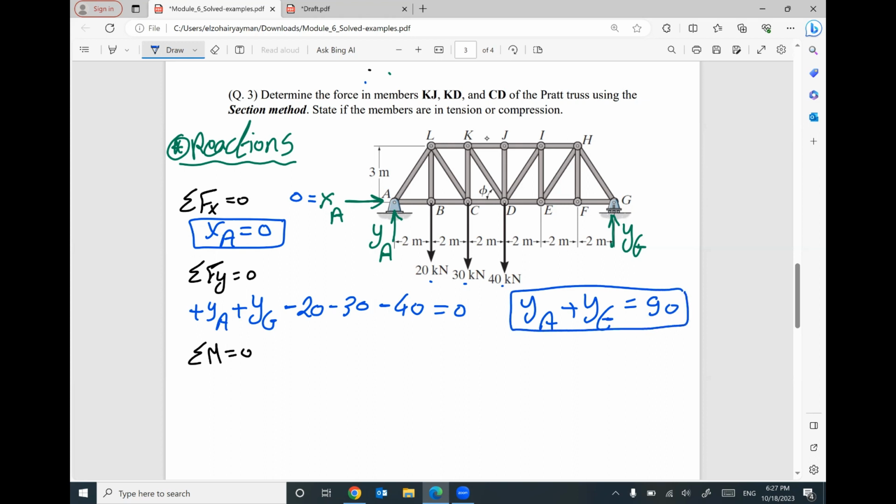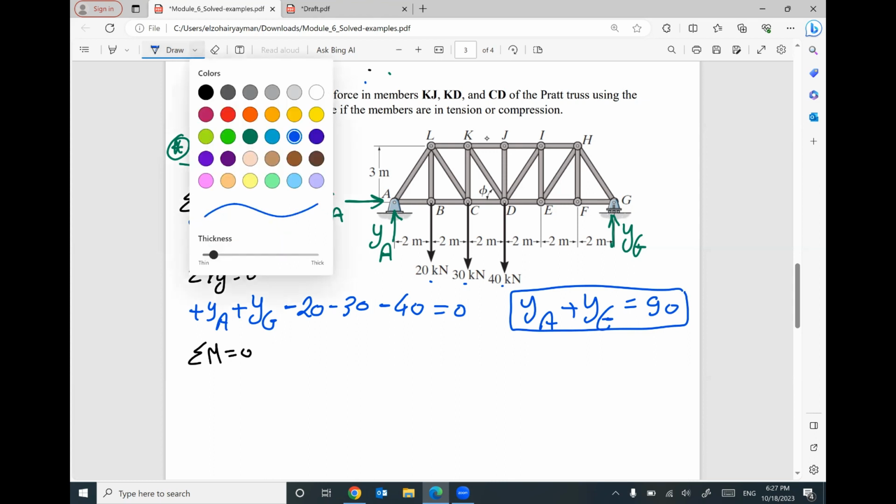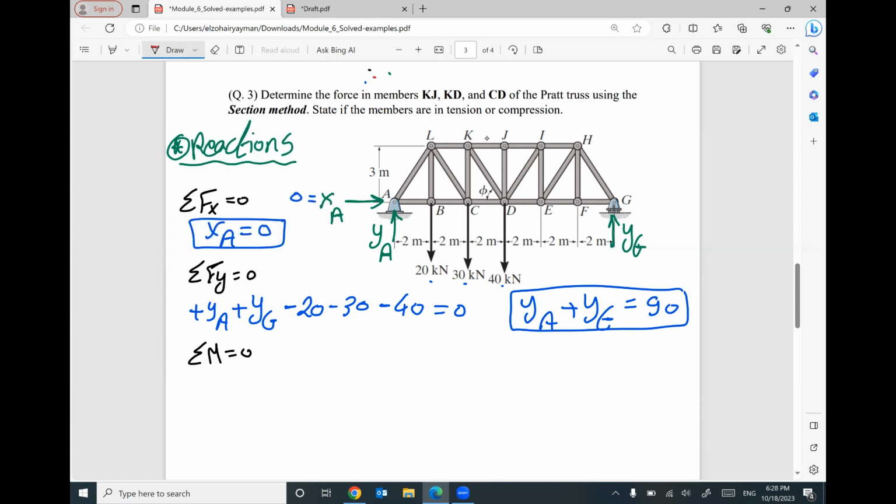Looks good. Summation moment. I do recommend to take moment at A, the point with the highest number of reactions. It's up to you, but for me, I'm going to assume any clockwise rotation will be positive. Let's start. I have to list everything. XA times, YA times.